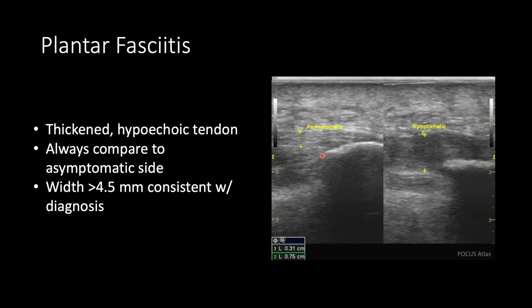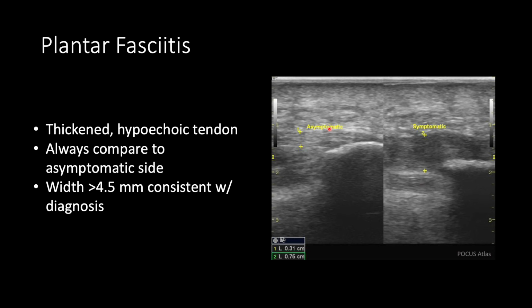When we compare this patient's asymptomatic side to their symptomatic side, we see that the aponeurosis is thickened, so you should always compare to the asymptomatic side. When we compare both sides, we see that this one's thicker and more hypoechoic, and a width greater than 4.5 millimeters is consistent with the diagnosis.